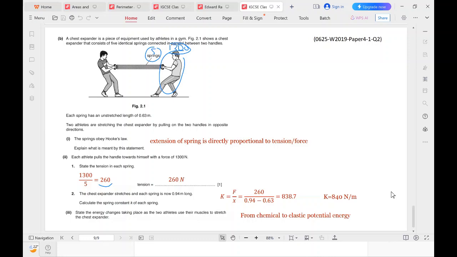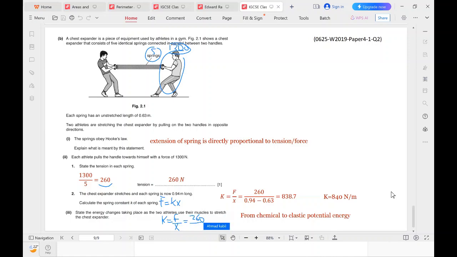The chest expander stretches and each spring is now 0.94. Calculate the spring constant of each spring. To get the spring constant, again, we know that F equals Kx, so K equals F over X. For one spring, the force is 260.